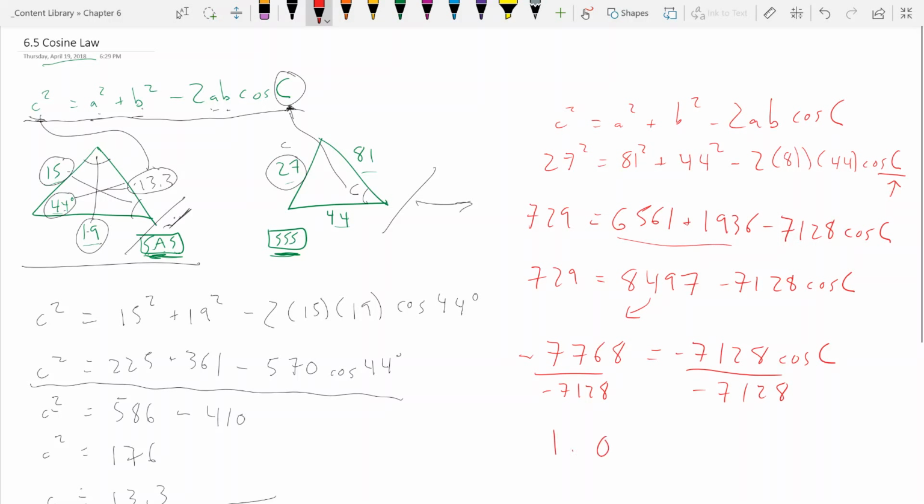So I get 1.089 is equal to cos C, and I'm going to do inverse cos to find out what angle C would be.